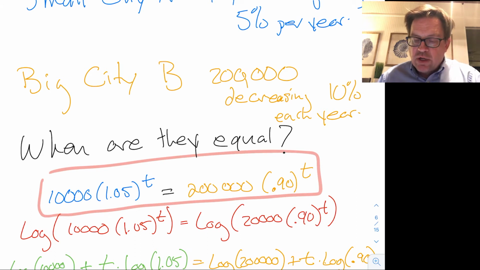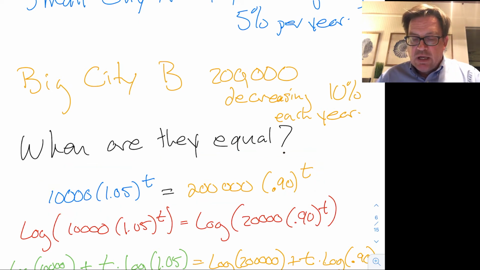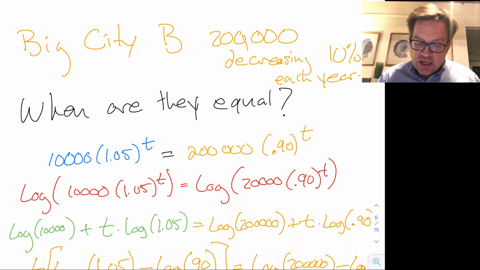The blue equation is the exponential growth for the small city. The orange equation is the exponential decay, because it's decreasing by multiplying by 90% each time. That's the large city. And how can you solve that? Well, one process you can do is to take the logarithm of both sides. That's right here.